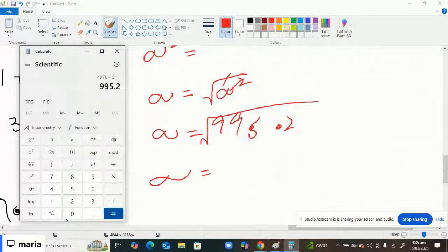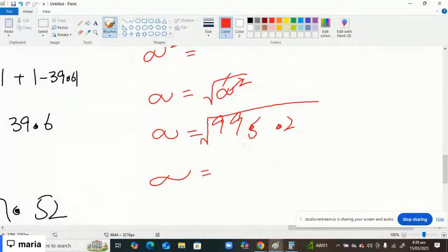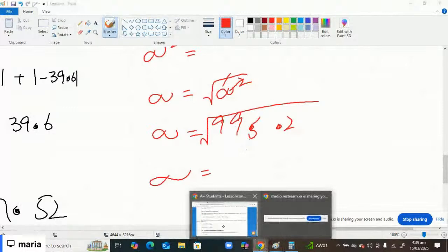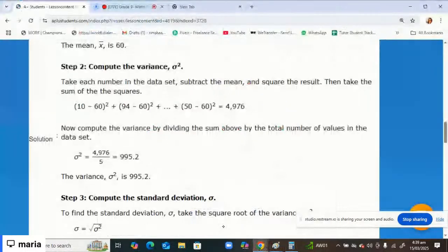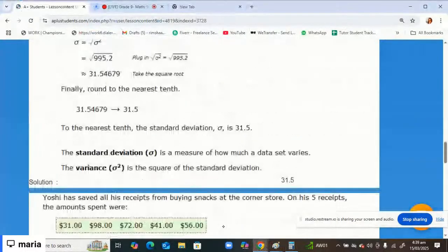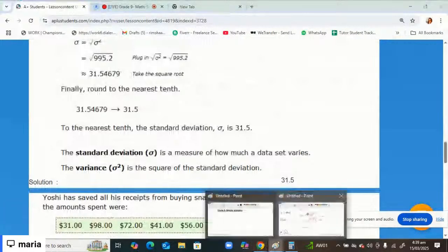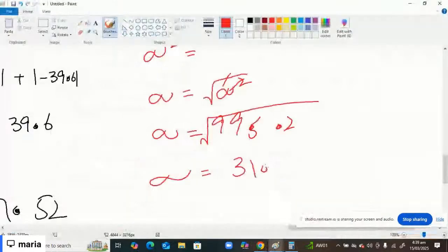Let's check. So you're going to take the square root of this, and then we find our answer. What is our answer? That is 31.54. Okay, 31.54. That is our answer. So this is our standard deviation.